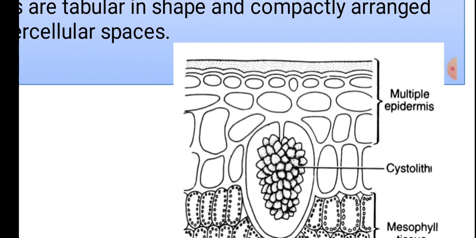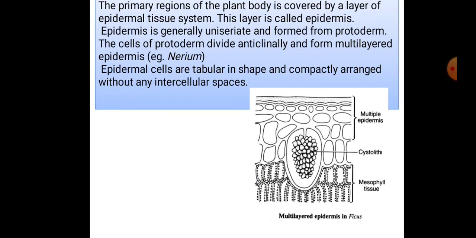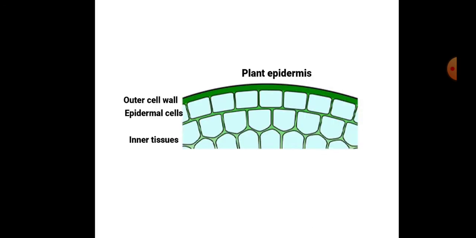Epidermal cells are tubular in shape and compactly arranged without any intercellular spaces. See here, these epidermal cells are compactly arranged below the cuticle, without any kind of intercellular spaces.